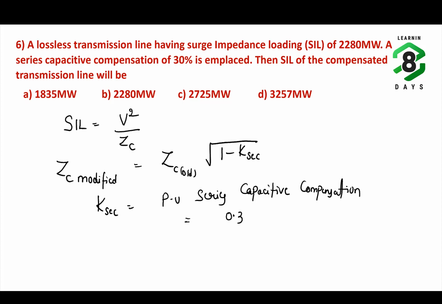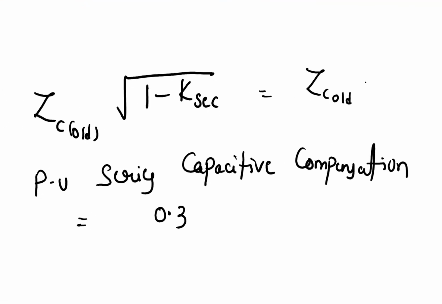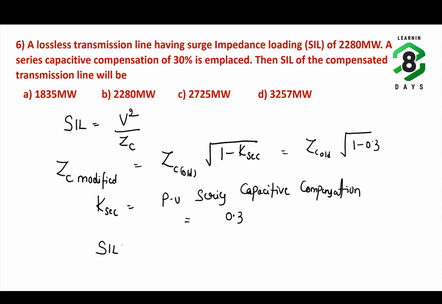So your ZC modified value will become how much? Your ZC modified value will become ZC old into square root of 1 minus 0.3, that is square root of 0.7. So your new surge impedance loading, SIL new, will become how much? V square by ZC old into root 0.7. We already know the old surge impedance loading without compensation. What is its value?